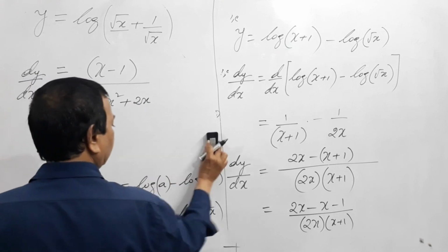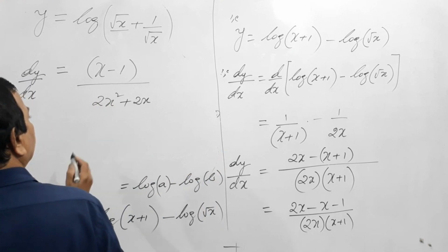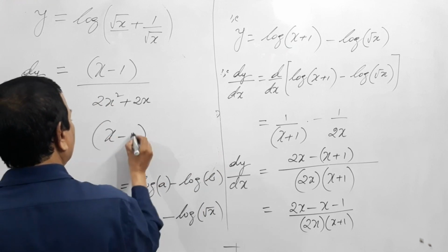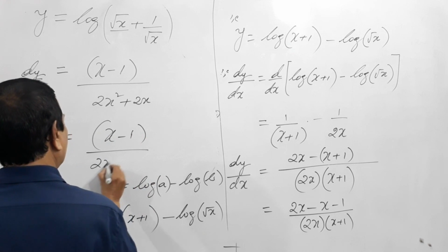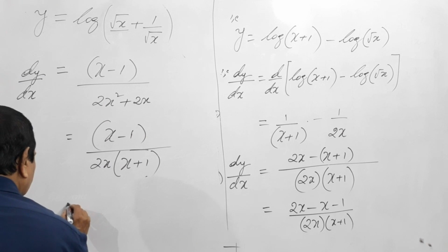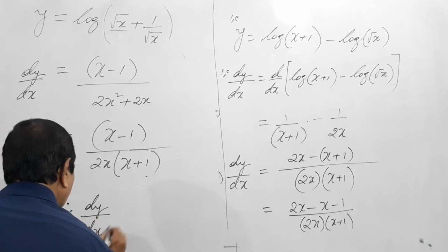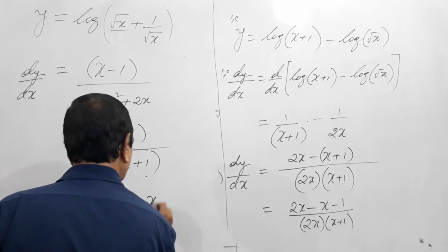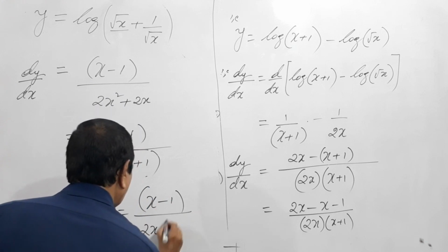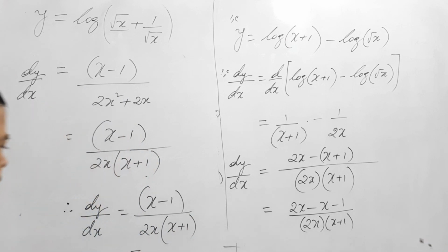I'll take 2x common, so we leave x minus 1 by 2x into x plus 1. Therefore dy by dx equals x minus 1 by 2x into x plus 1. This is the required answer.